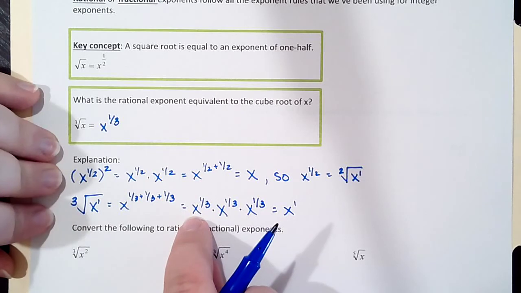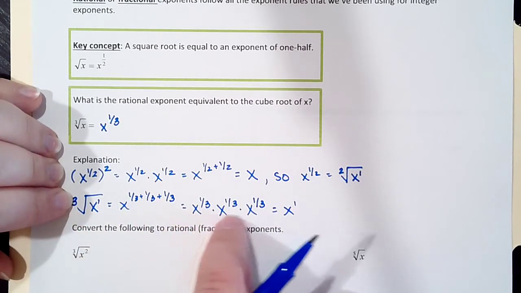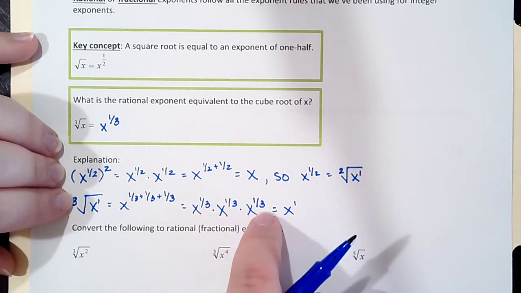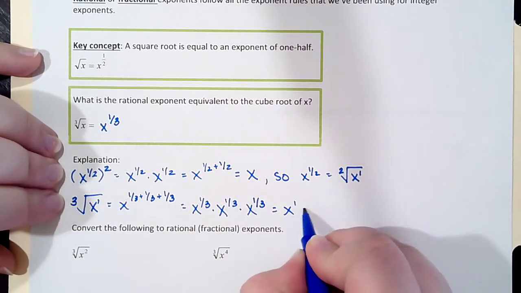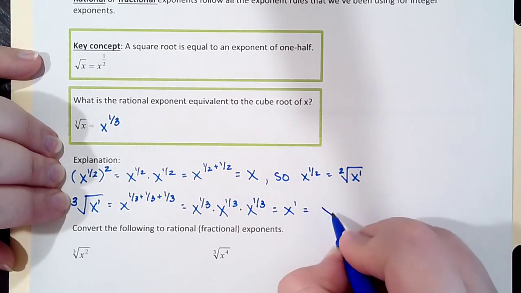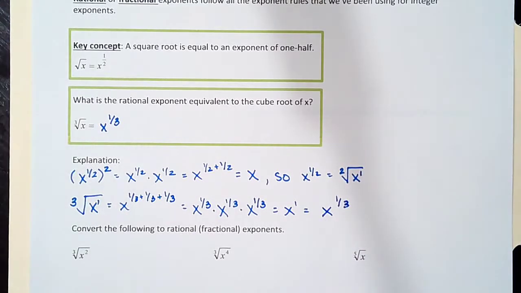But I notice if I take the cubed root of x, I'm going to get out this x to the 1/3 as my answer because there's technically 3 of them inside of the radical. So this is the same thing as saying the cubed root of x to the 1 is equal to x raised to the 1/3 power. So I've now gone in both directions for this problem. I've proved it both ways.